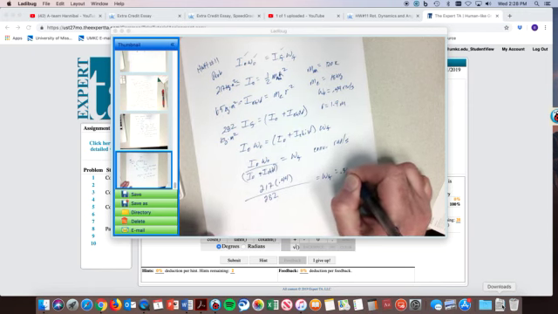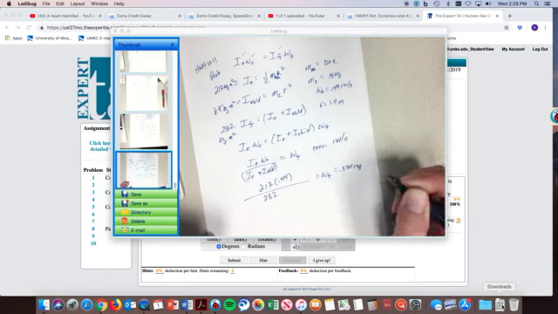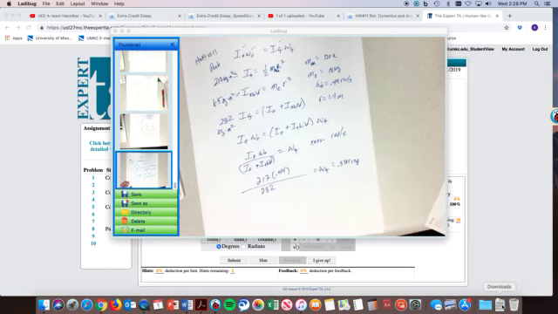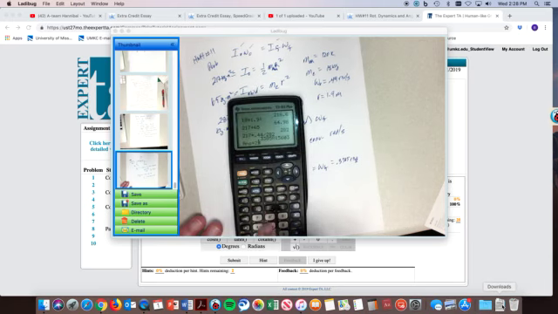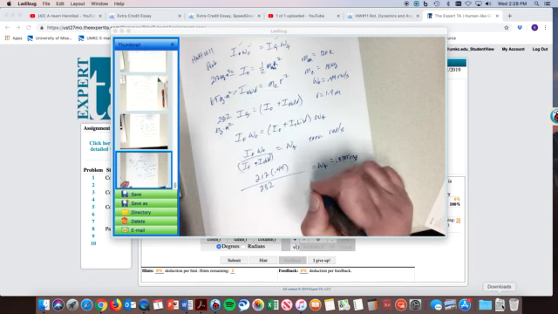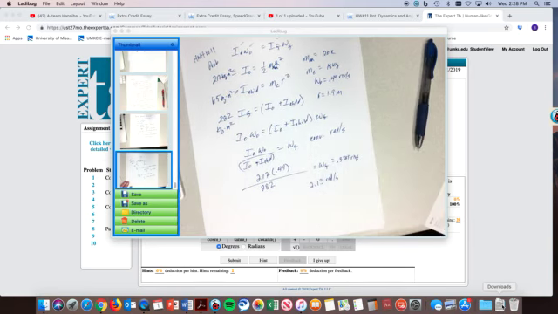It's 0.3385 revolutions per second. Now, how many radians are in one revolution? Well, 2 pi. Let's multiply that answer by 2 pi. And I might have made a mistake here somewhere, and that's 2.13 radians per second. That's what I'm going to say the answer is to that.